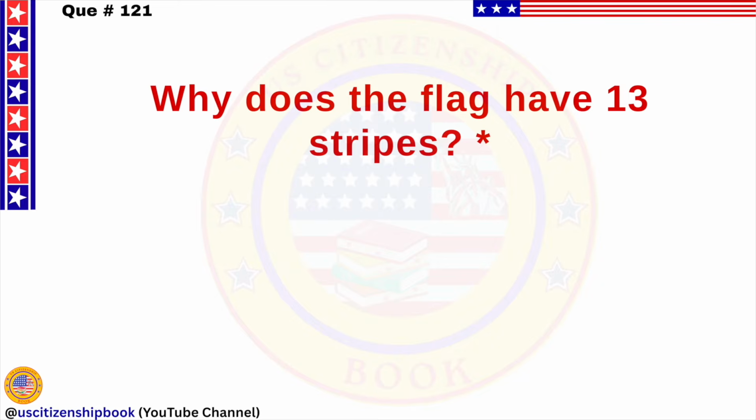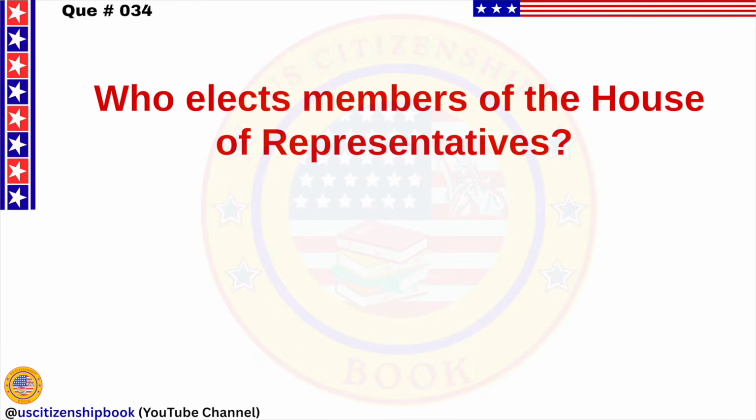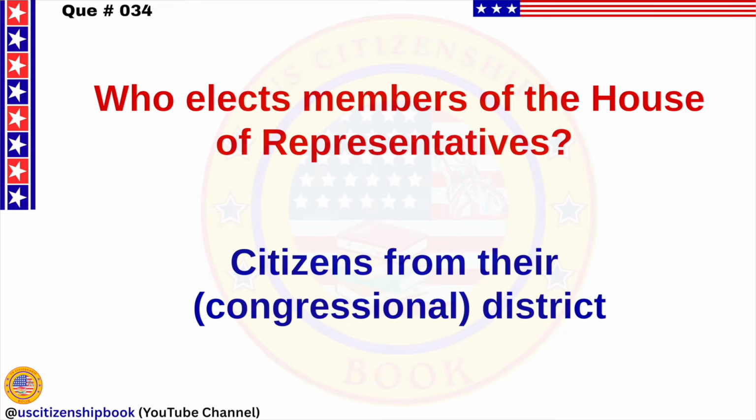Why does the flag have 13 stripes? Because there were 13 original colonies. Who elects members of the House of Representatives? Citizens from their congressional district.